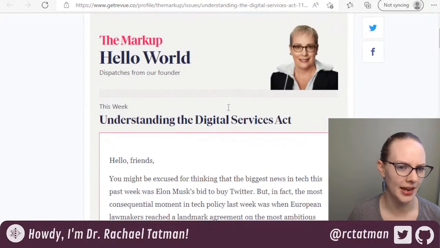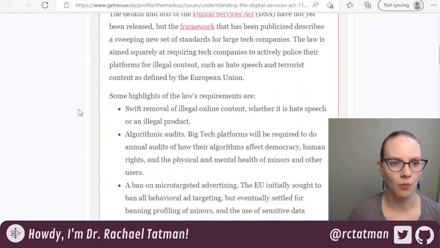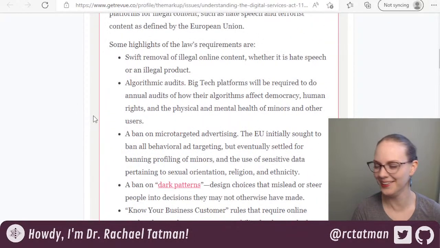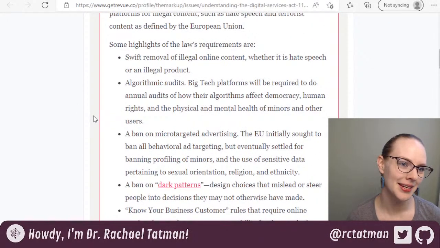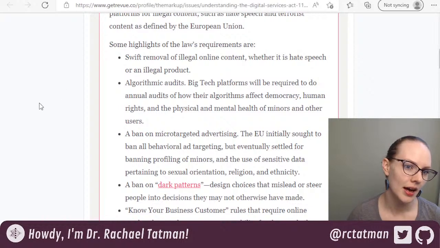There was a really good piece in The Markup about what this means. Some highlights of the law's requirements: you need to remove illegal content, and that includes hate speech or illegal products. Hate speech in particular, I think, is going to have big ramifications for the NLP community.